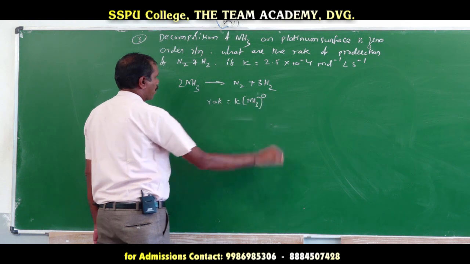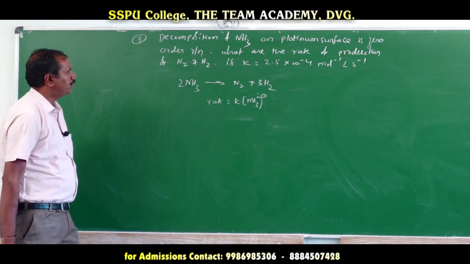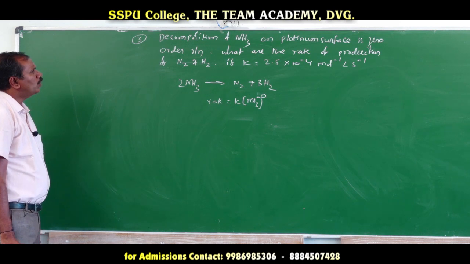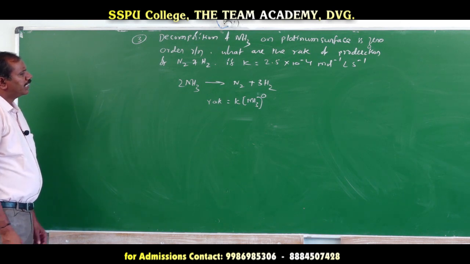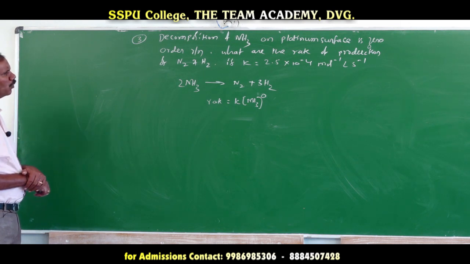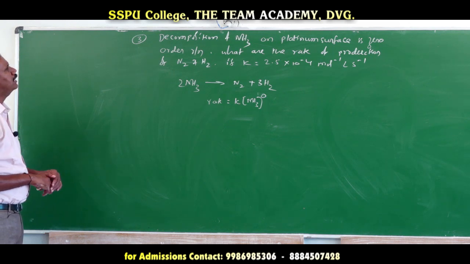It should be 0 on the platinum surface. What are the rates of production of N2 and H2 if K equals 2.5 into 10 to the power of minus 4 per mole liter per second.